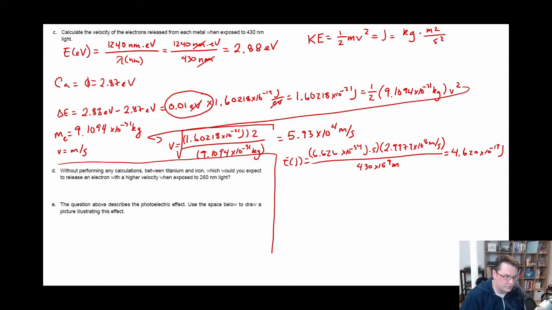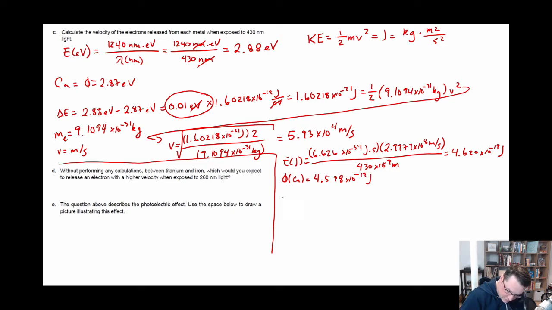And so if we were to convert the work function for calcium, that's 2.87 electron volts, so 2.87 times 1.60218 times 10 to the negative 19, that comes out to being 4.598 times 10 to the negative 19 joules.